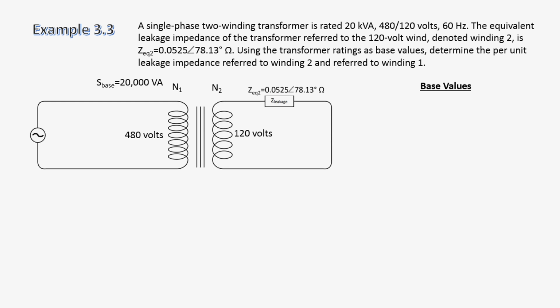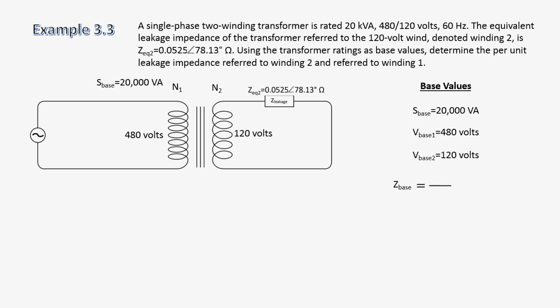S base is going to be 20,000 volt amperes because it's conserved over the entire circuit. V base 1 is going to be 480 volts because it is on the number 1 coil, the primary coil on the left. V base 2 is going to be the voltage on the secondary coil, the one on the right, or 120 volts.